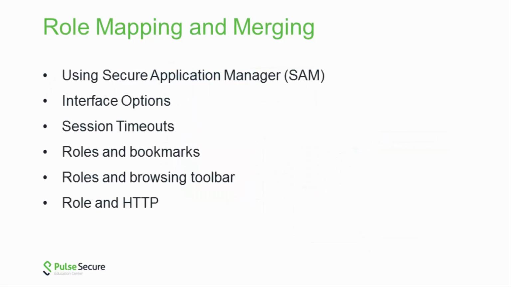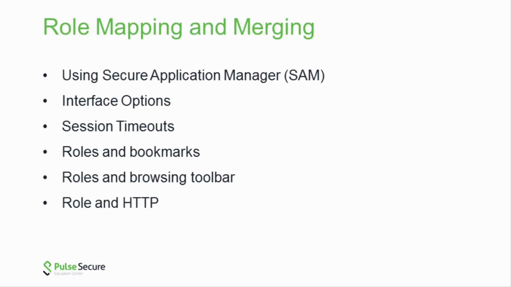One rule is, if you are using Secure Application Manager, Pulse Connect Secure enables the version, either Java Secure Application Manager or Windows Secure Application Manager, corresponding to the first role using SAM. If multiple roles use the same version, the SAM settings for all these roles are merged.